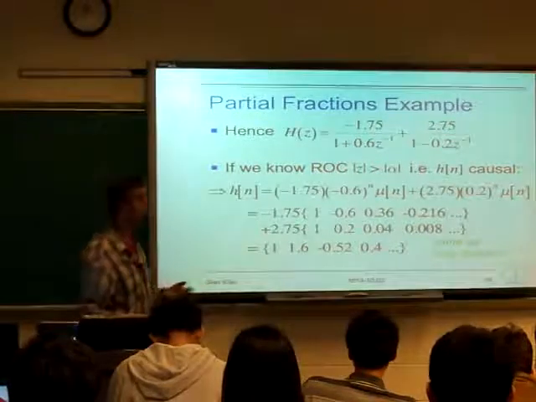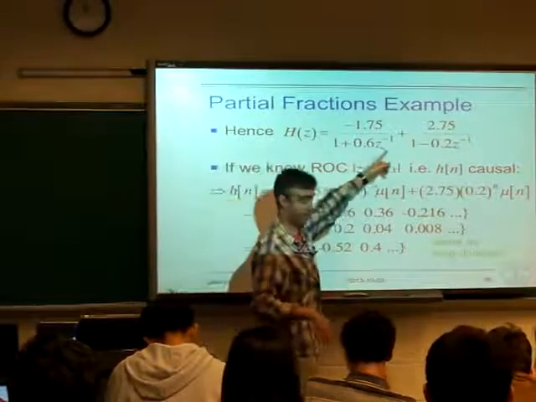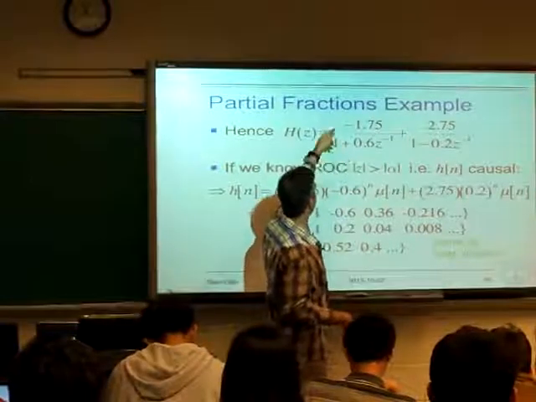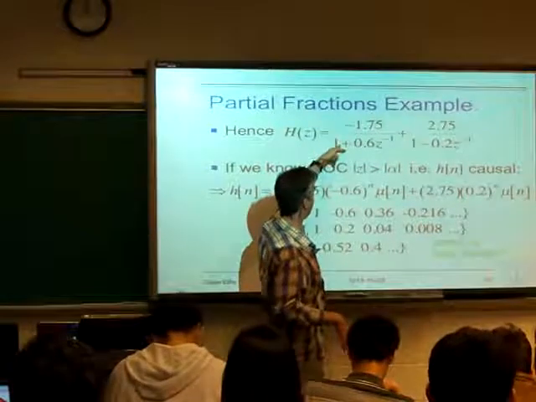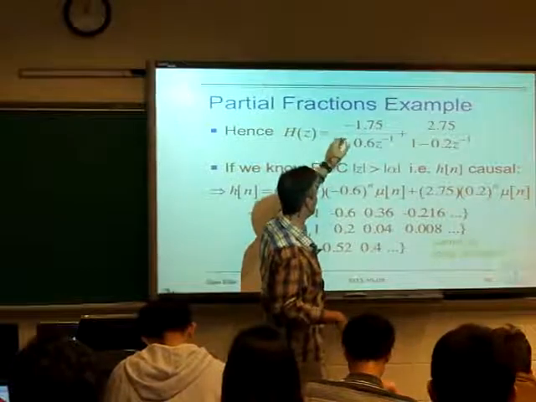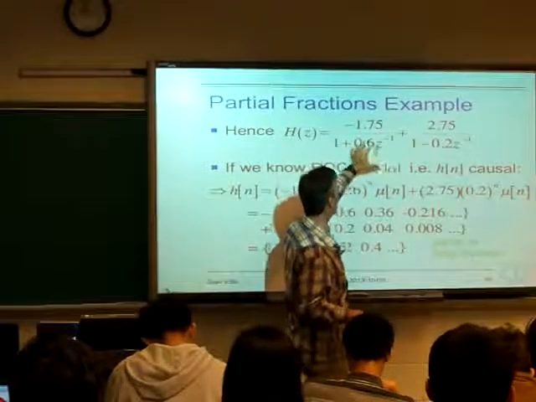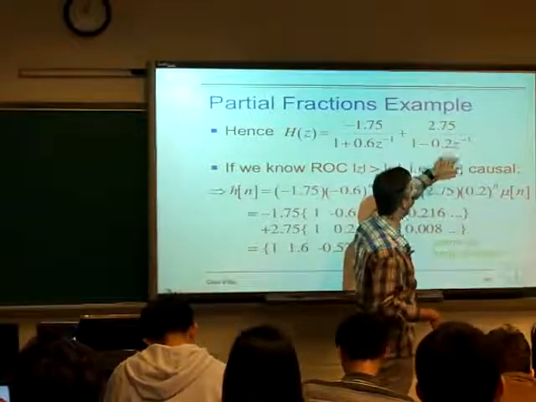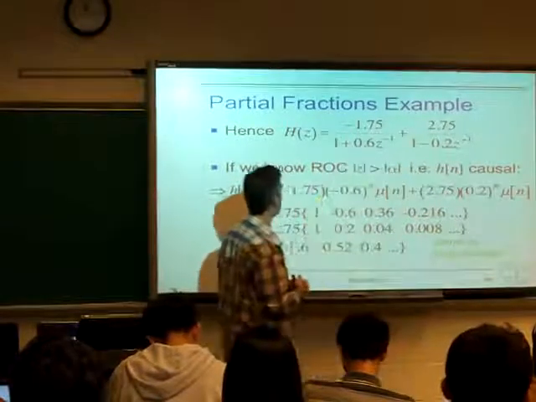So that gives us this sum of individual terms: rho 1 divided by 1 plus lambda 1 z to the minus 1, and rho 2 divided by 1 minus lambda 2 z to the minus 1.